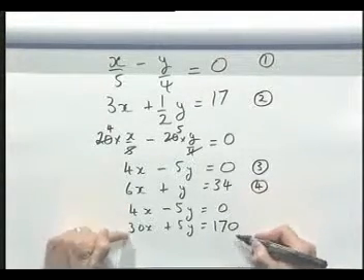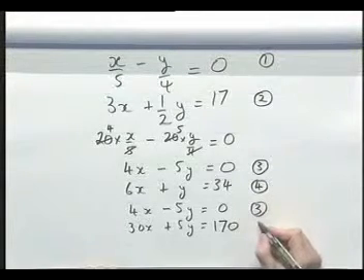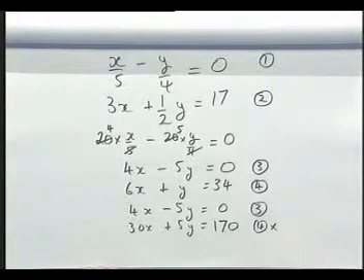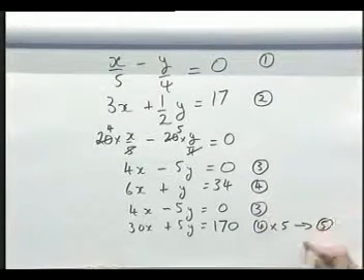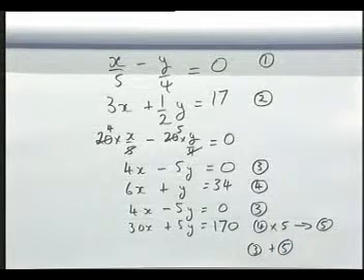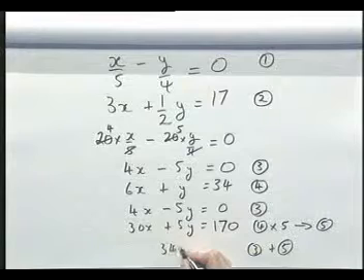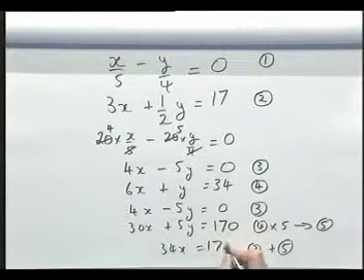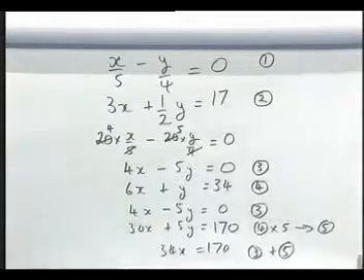And now we can just add these two together. So equation 3 stayed as it was. Equation 4 we multiplied by 5, so that's gone to equation 5. And now finally we're going to add together equations 3 and 5. And so we have 34x equals 170. And the y's have been eliminated.